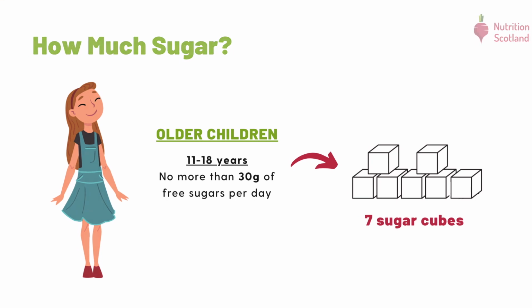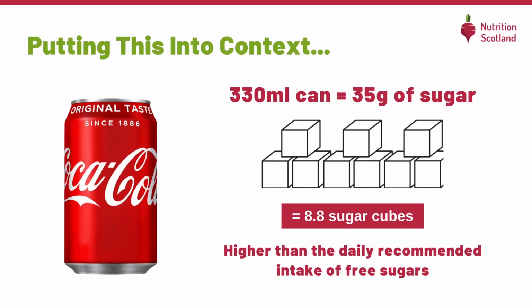To put this recommendation into some context, one 330 milliliter can of regular Coca-Cola contains 35 grams of sugar, which is the equivalent of nearly 9 sugar cubes. This means that consuming one regular can of Coca-Cola would put you over the daily recommended limit for free sugars. So if you can imagine, in one full day of eating and drinking, it would be very easy to consume above the recommended guidelines for free sugar intake.